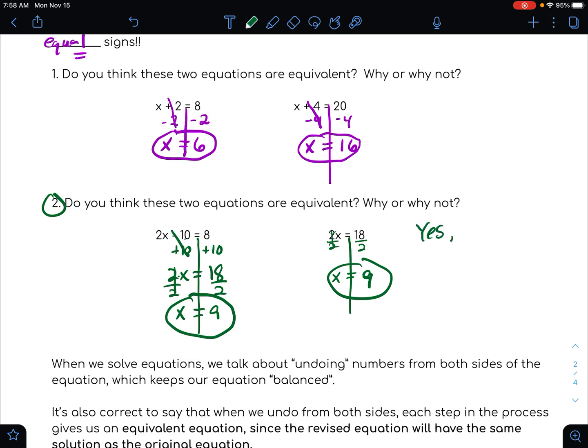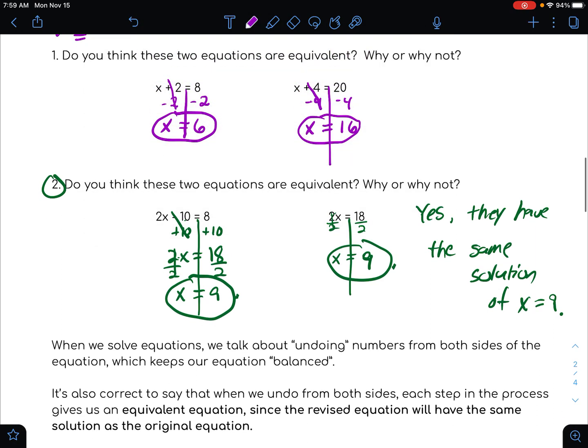Yes, because they have the same solution of x equals 9, I should say. Versus the first one, where we might say no, they don't have the same solution.